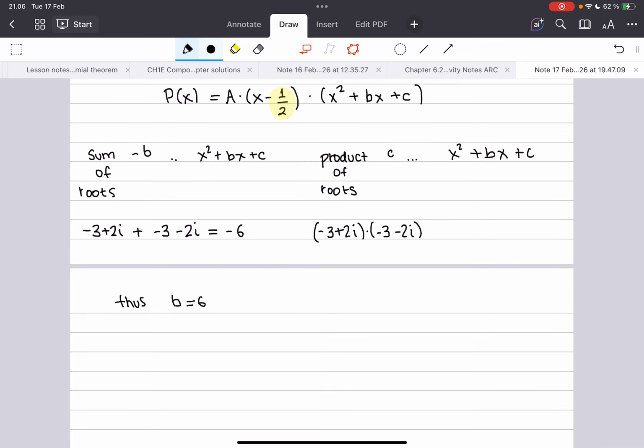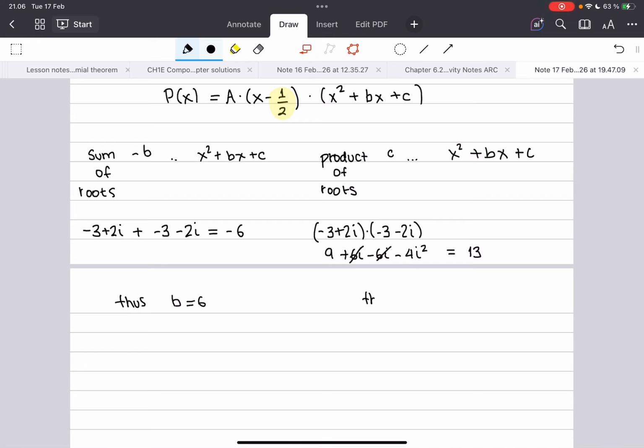And the product of the roots is 9 plus 6i minus 6i minus 4i squared. And if you do this calculation, you will see that this is equal to 13. This cancels out, that becomes plus 4 because i squared is negative 1.